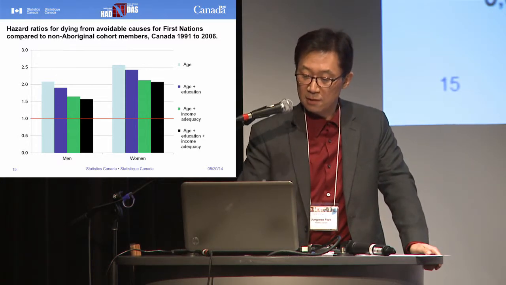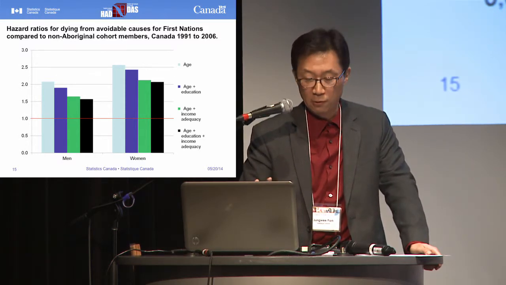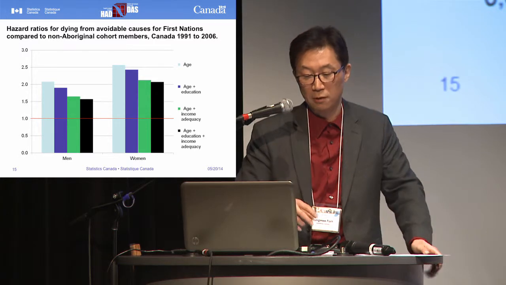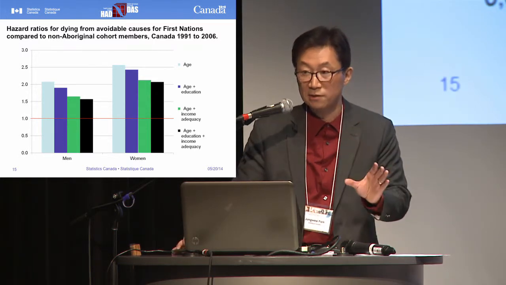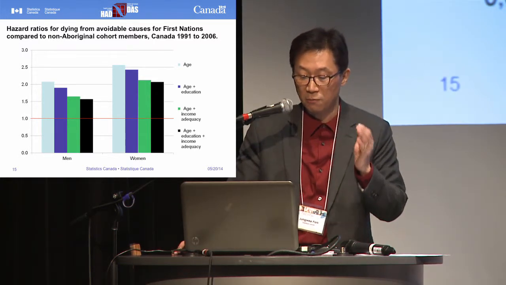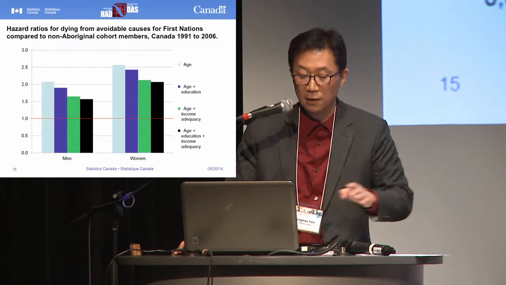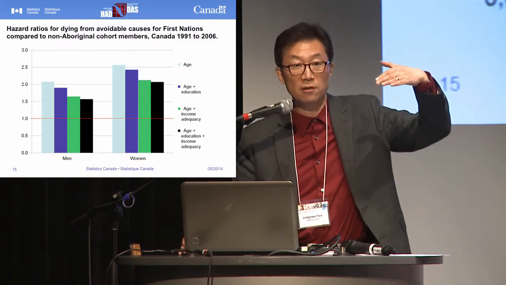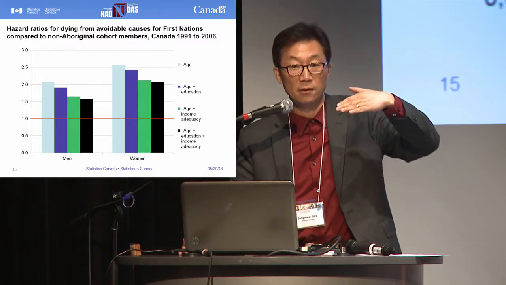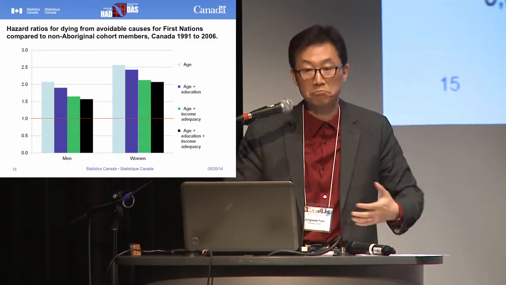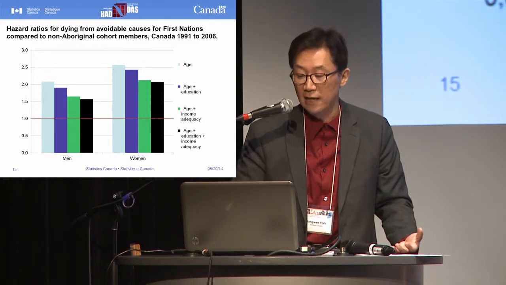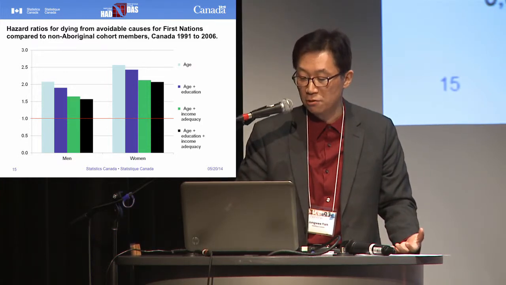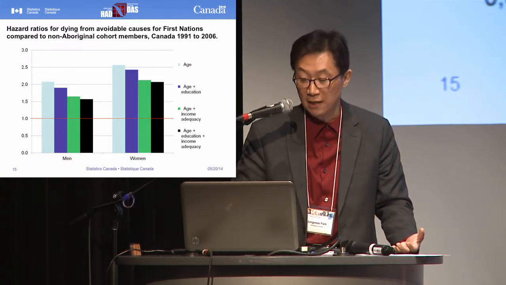But this table actually shows us two things, maybe three things. So existence of significant difference, that's one thing. And the second thing is the different bars showing the trend of going down. The first bar is where we control just age. Second, we control age and education. Third, age and income.